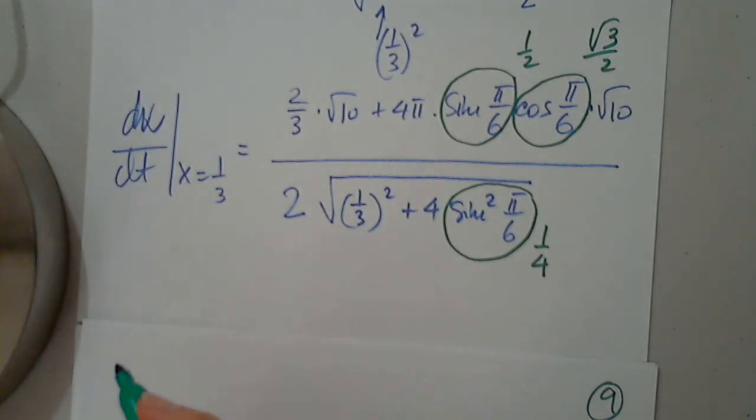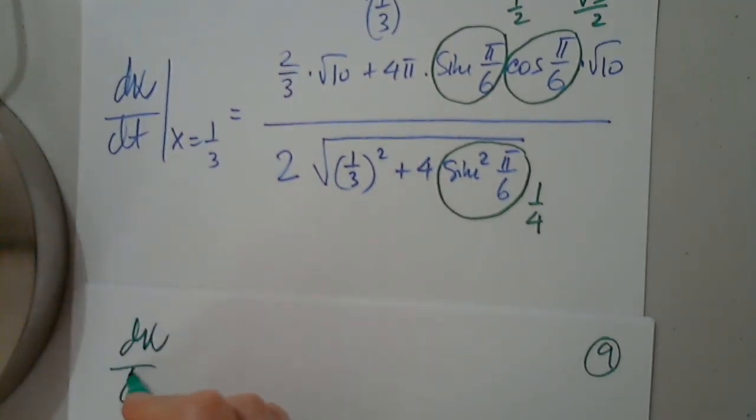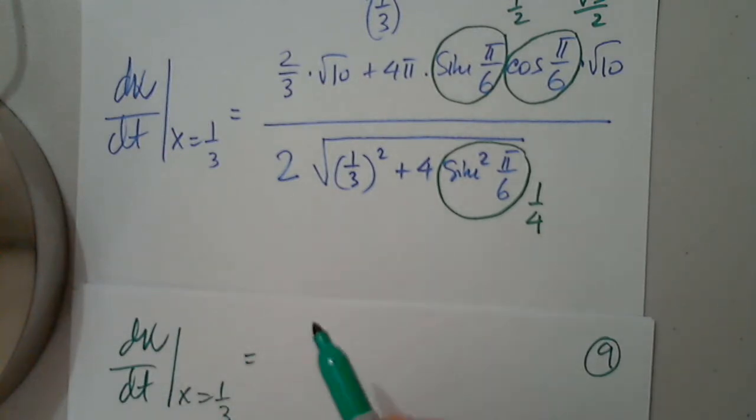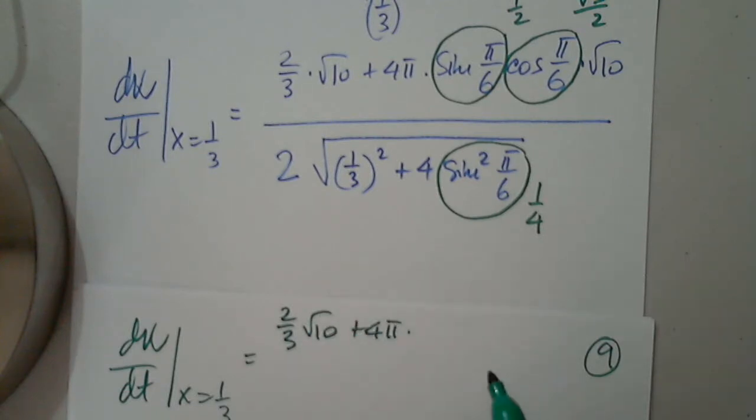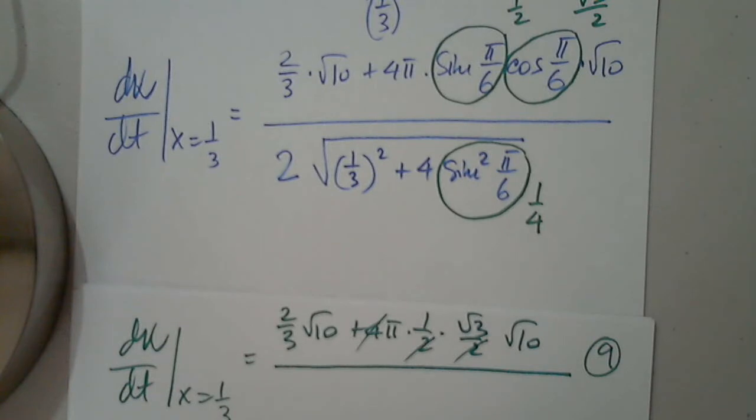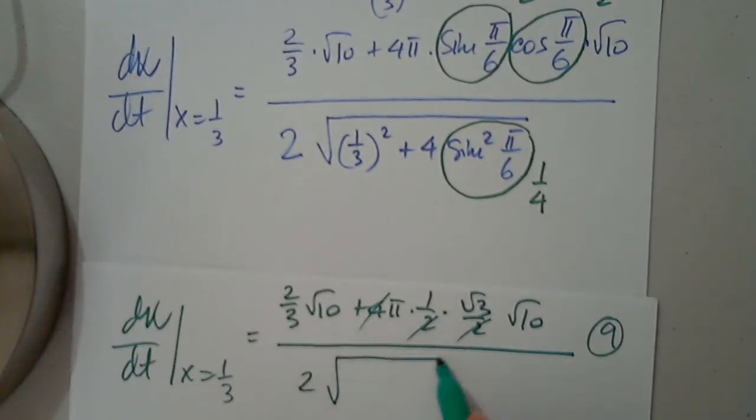So then dw over dt when x is 1/3, let's see. 2/3 times the square root of 10 plus 4 pi times 1/2 times the square root of 3 over 2 times the square root of 10, and the 4 goes away with the 4. And this is the square root of 1/9, and 4 times 1/4 is 1.